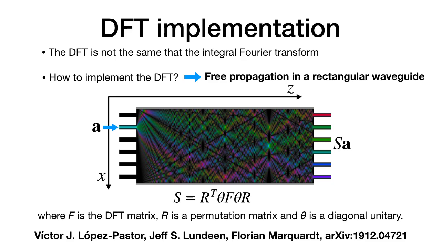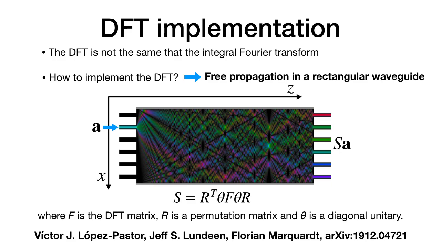But then one could argue that the discrete Fourier transform is not exactly the same as the integral Fourier transform that one finds typically in optical setups, like with the lens that I described before. Then it's a legitimate question whether we can actually perform the discrete Fourier transform with an optical device in a simple manner. But we show that indeed it's possible. Consider a planar waveguide.